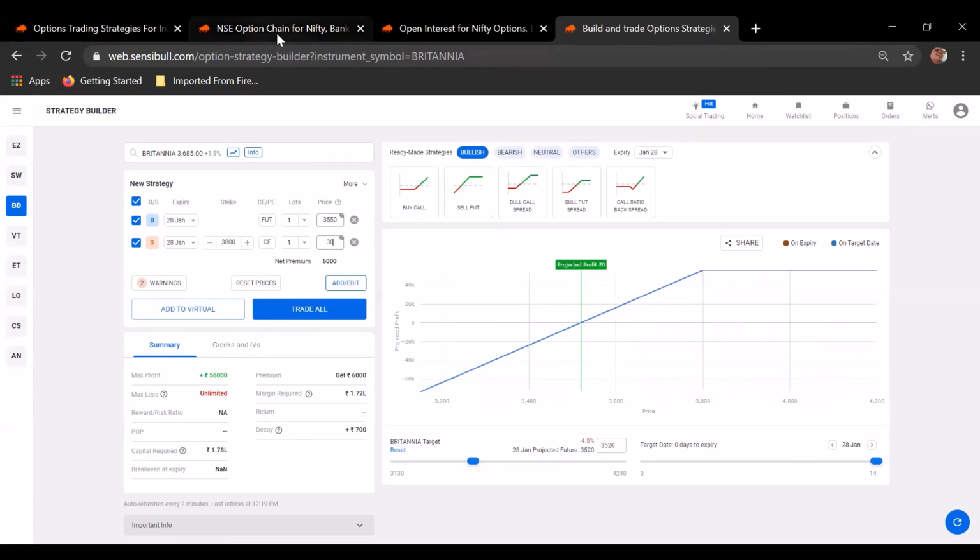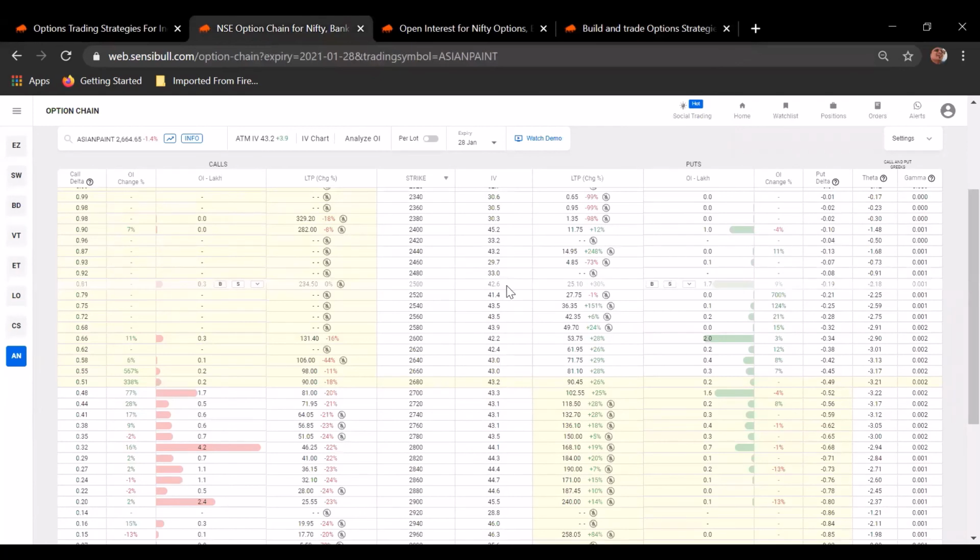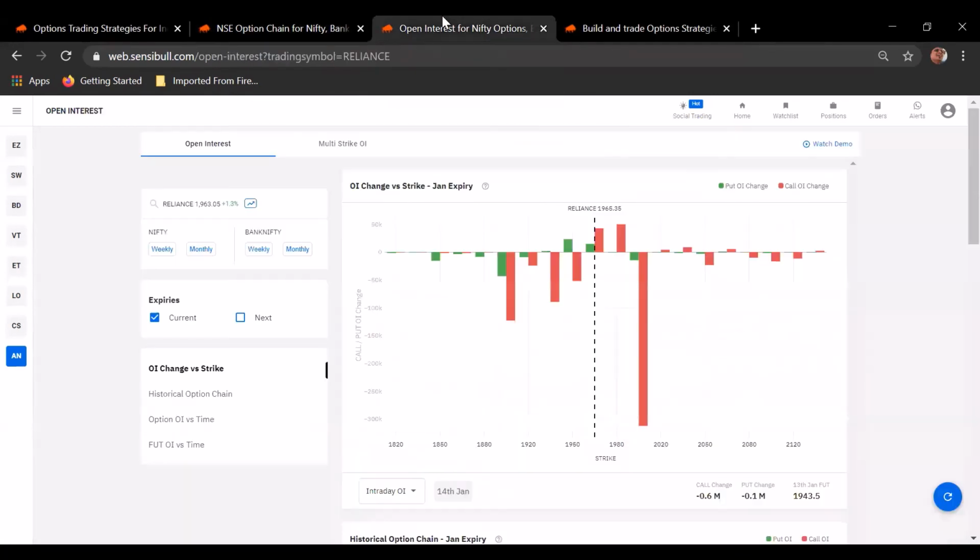So the option chain tells me which options are liquid, which options to buy or sell. It gives me a good idea. I can also see very quickly what the resistance and supports are here. The open interest shows me the call data and the put data, the options data, and it tells me what potential positions I can take, whether the market or that particular stock is going to go up, where the resistance is, and the change.